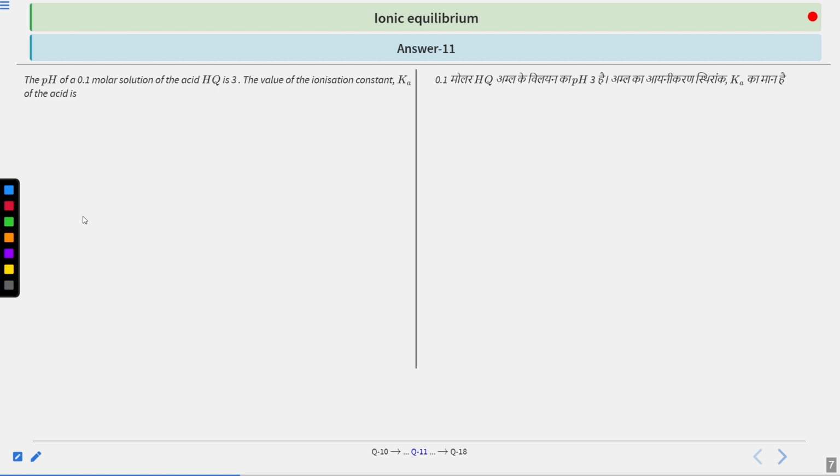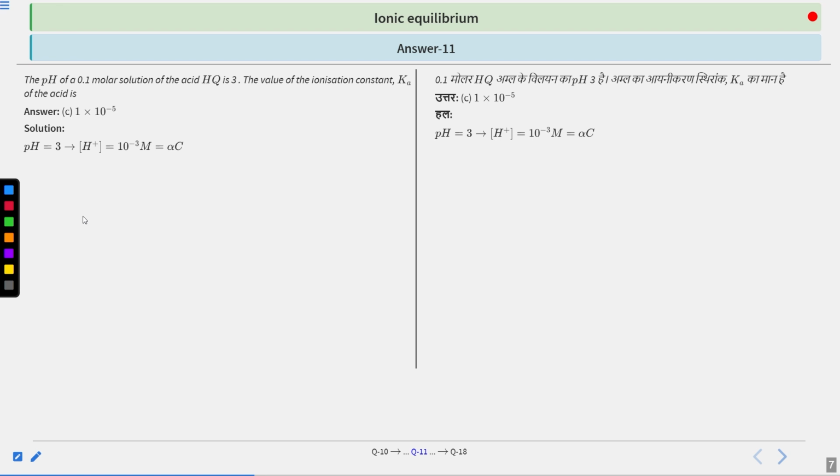In this question, you are given the pH of a 0.1 molar solution and it is 3. Now you have to use this pH value to find the value of Ka. So the Ka value comes out to be option C, which is 1 into 10 to the power minus 5. So if your pH is 3, that means your H plus concentration is 10 to the power minus 3 molar.